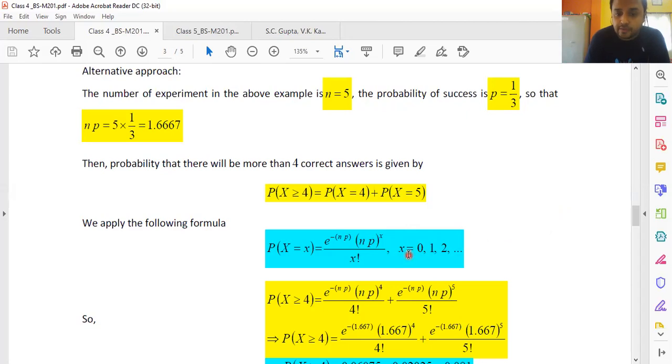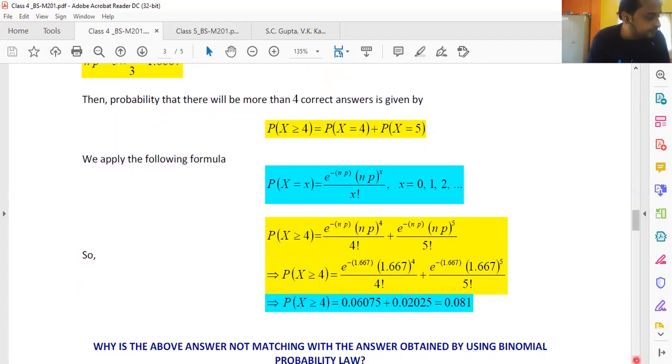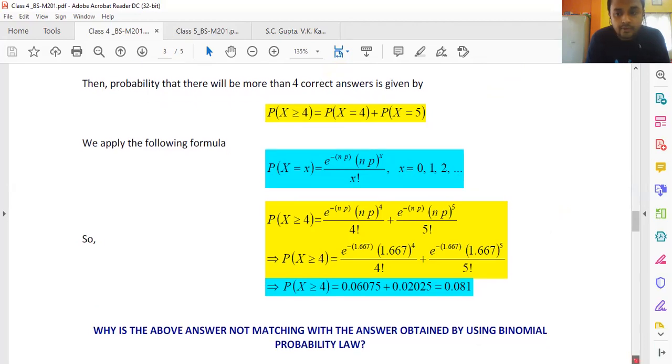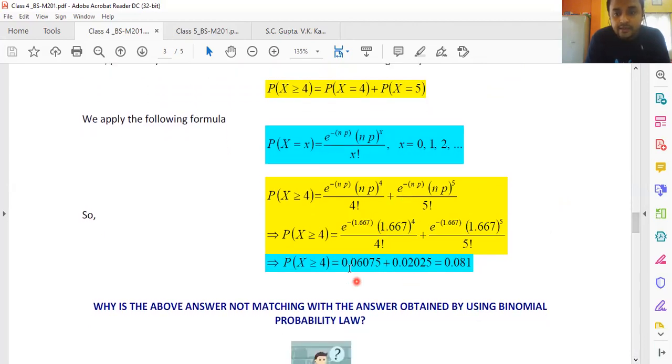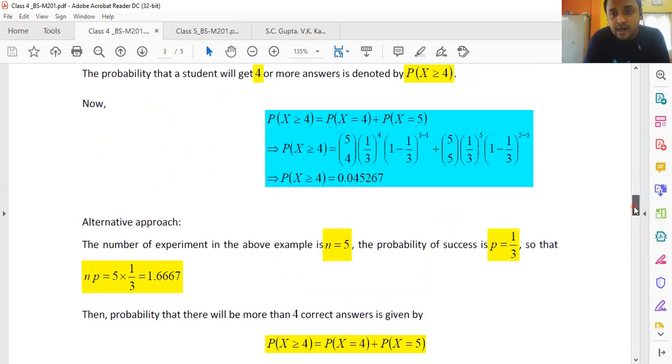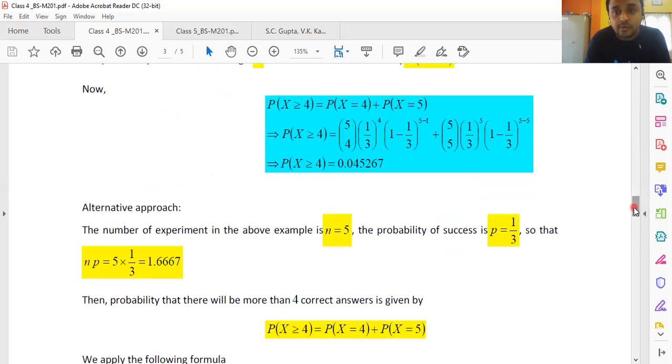After getting this formula, when I put in the same set of values and calculate, the probability of X greater than or equal to 4 comes out as 0.081. What was my earlier probability? 0.04.